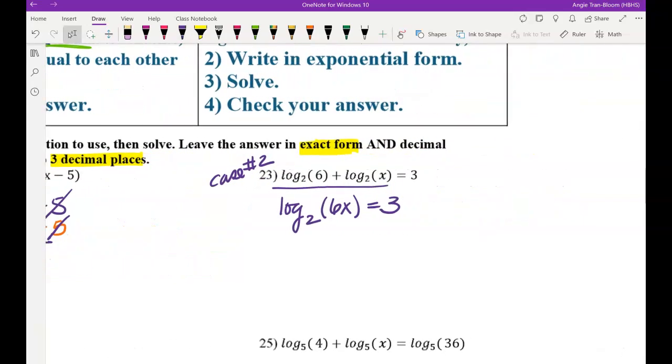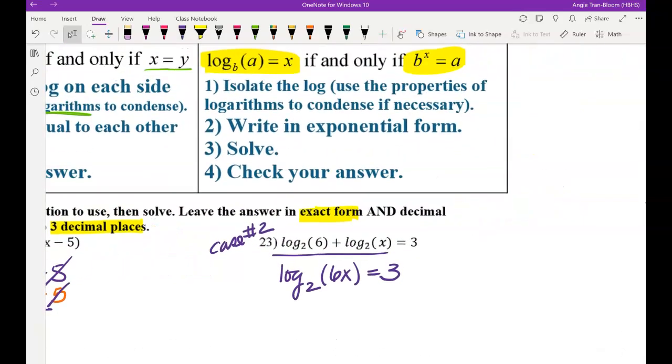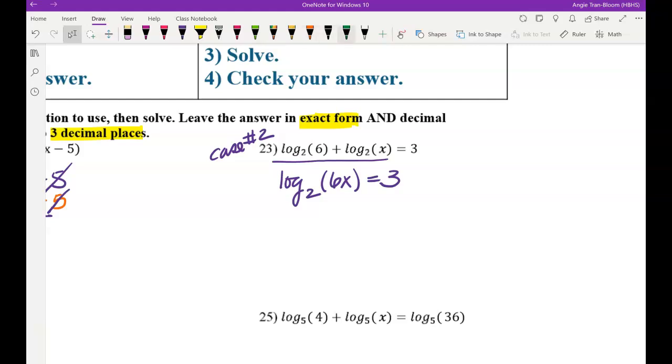Now case number 2 says, once you have isolated the log by condensing, write it in exponential form. Yes, let's do it. Exponential form, your base is 2, so 2 to the third equals 6x. Well, 2 to the third, guys, is going to give us 8. 8 equals 6x. Divide both sides by 6.